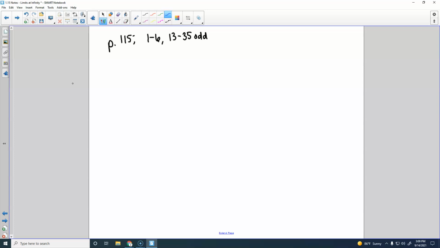So the limit as x approaches infinity of sine x over x to any power, whether the first, second, third, or fourth, is always going to equal 0. Same thing for cosine.